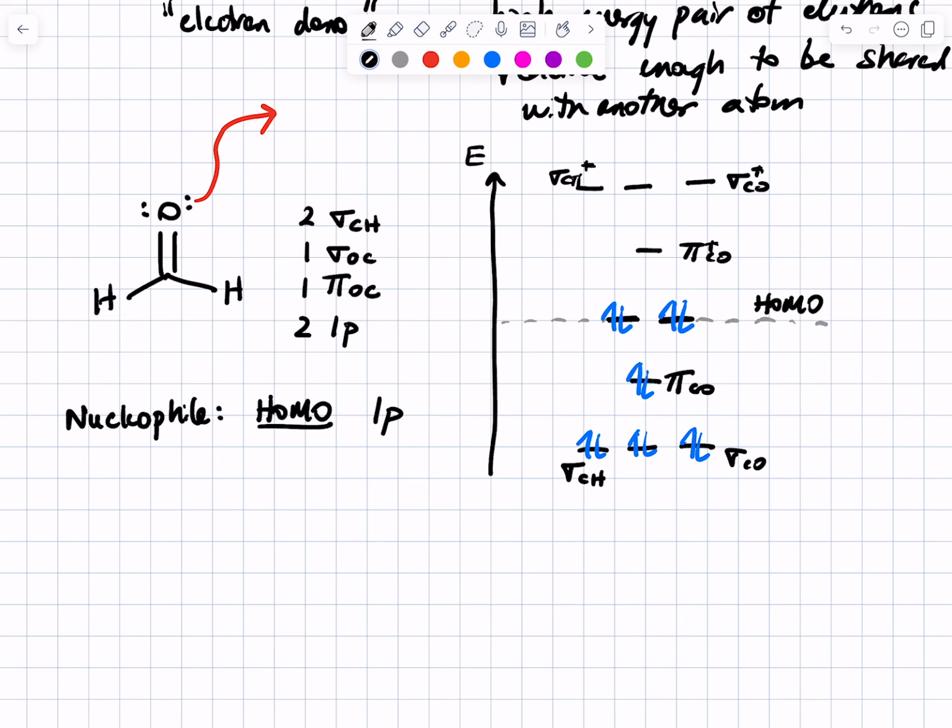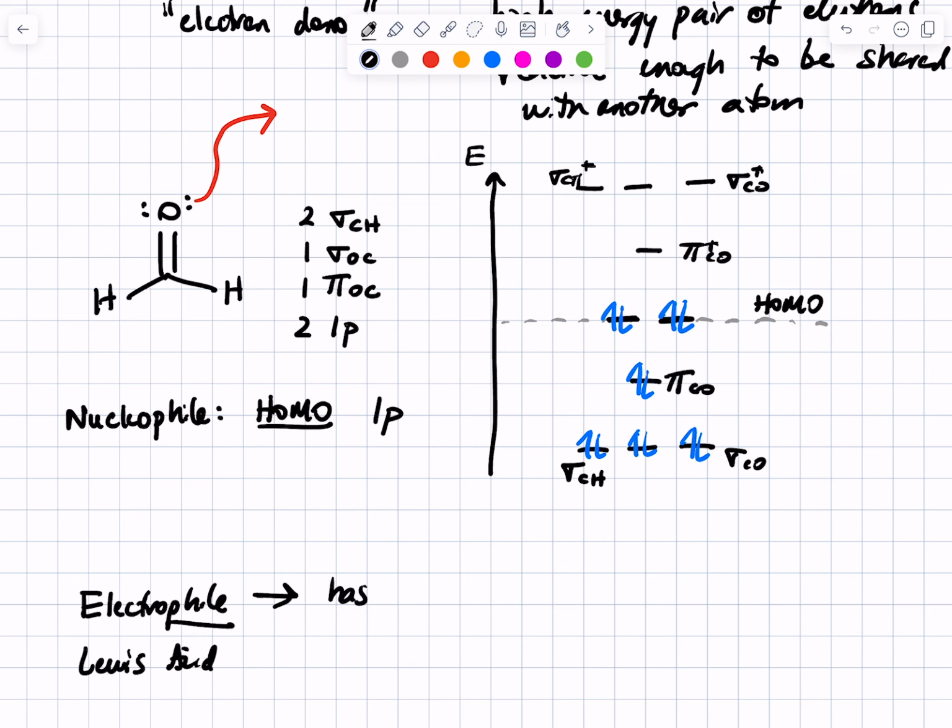Now, we haven't talked about the concept of electrophile, but you can see that it's inverse to a nucleophile. An electrophile is a Lewis acid. An electrophile is a lover of electrons.